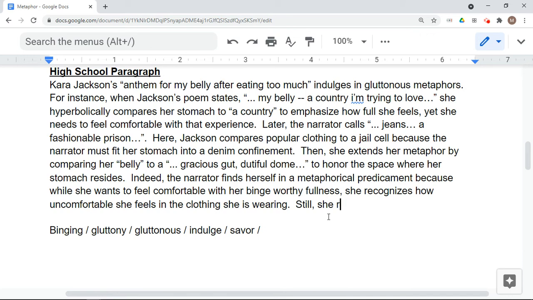Still, she savors. So when you're gluttonous, you eat too much. Still, she savors gracious gut, dutiful dome, honoring. Anthem for my belly after eating too much.